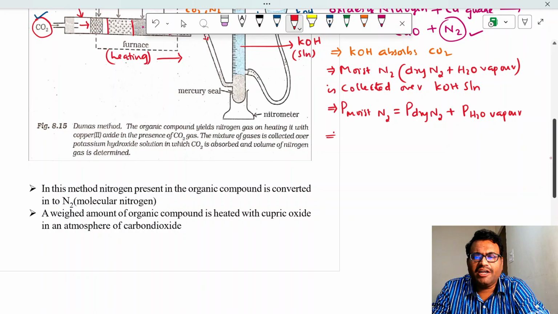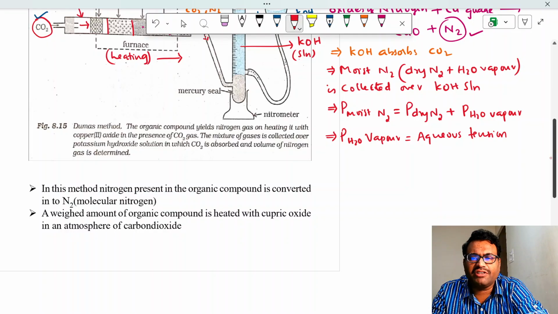And we know that the pressure exerted by water vapor is called aqueous tension. Tension means pressure, aqueous means water.